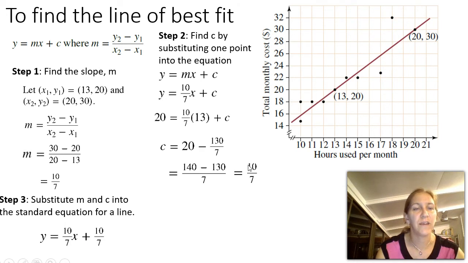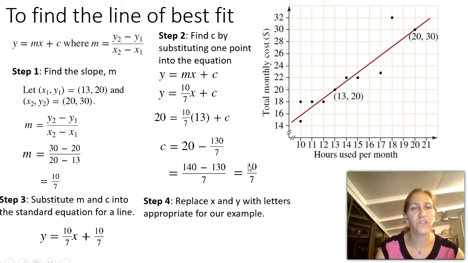Our final step is to replace this x and y, which is very general, with letters more appropriate for our specific example. In this case, the total cost is c, and we've replaced the x with an n for hours used per month.